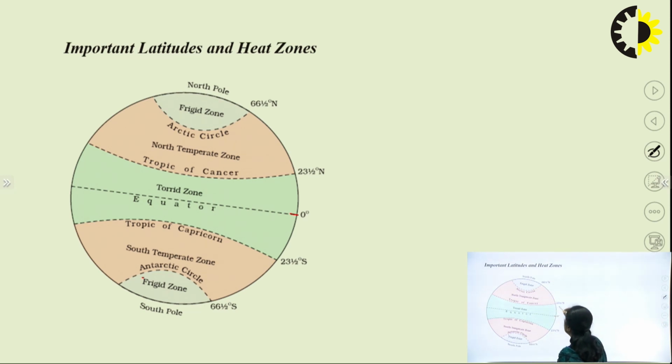Here Tropic of Cancer is there at the angle of 23.5, and towards the South Pole at the angle of 23.5 there is Tropic of Capricorn. So this is the north temperate zone and this is the south temperate zone. So based on this latitude, temperature or heat zones are divided.